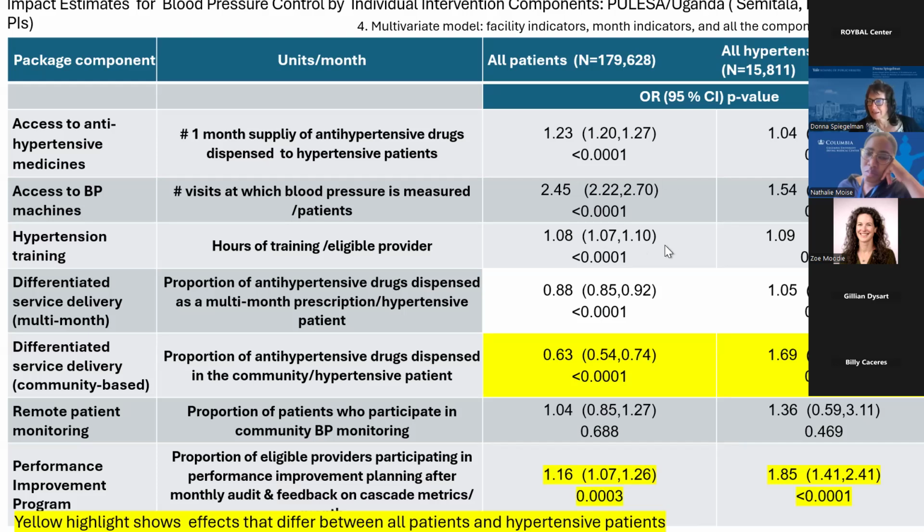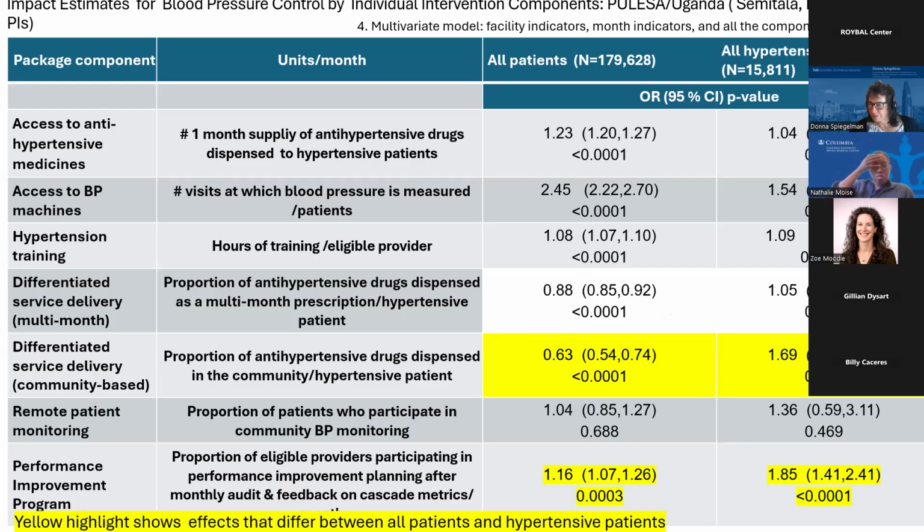We saw a modest effect of training eligible providers on blood pressure control. We didn't see a benefit really of dispensing multi-months, and we didn't see much of a benefit of dispensing medications in the community.